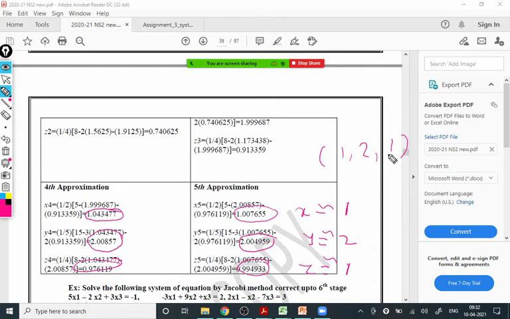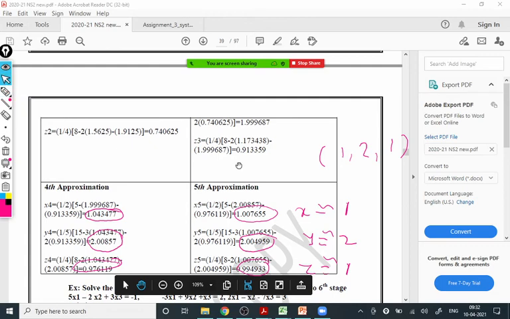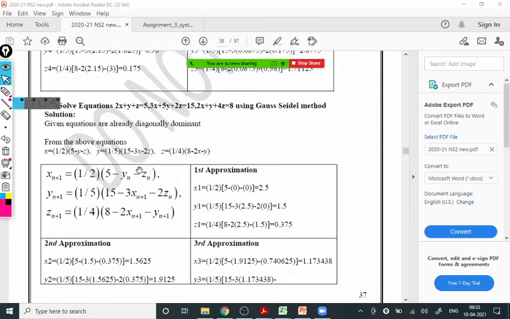And you can cross check. Let me cross check this solution. To cross check that solution, we'll move to the system here. Replace x by 1 roughly, y by 2 and z by 1. So 2 into 1 is 2, plus 2 plus 1, that is 5.